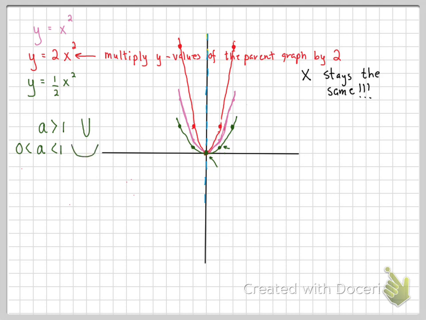Okay? Now, one last thing. We need to understand what a negative value does to a graph. So here's what we're going to do. We are going to graph y equals negative 2x squared.